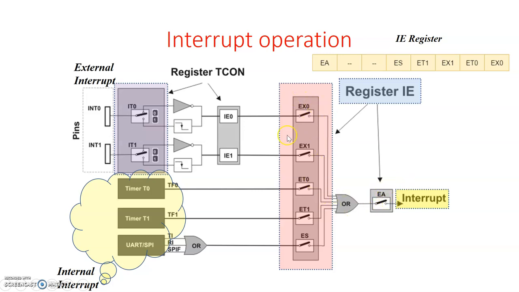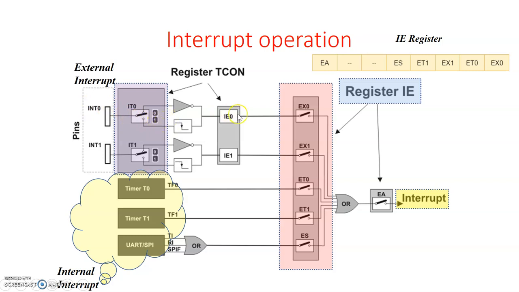While EX0, EX1, ET0, ET1, and ES are part of the IE register, and we have to put them equal to 1 if we want the interrupt from these timers or external interrupts. These three are the internal interrupts: timer 0, timer 1, and the serial interrupt. While INT0 and INT1 are the external interrupts.